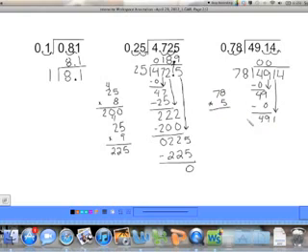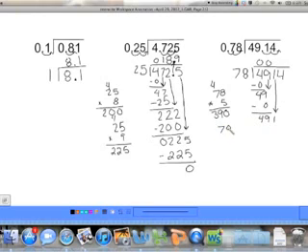8 times 5 is 40. 7 times 5 is 35, 36, 37, 38, 39. So we know 78 times 5 is 390. I bet we can fit in another, because we know 100 gets us to 490.